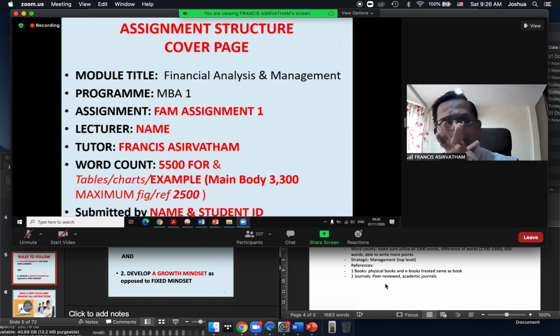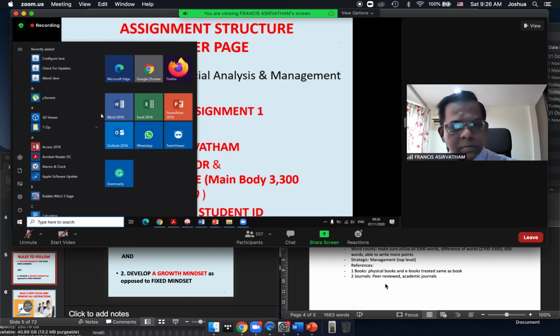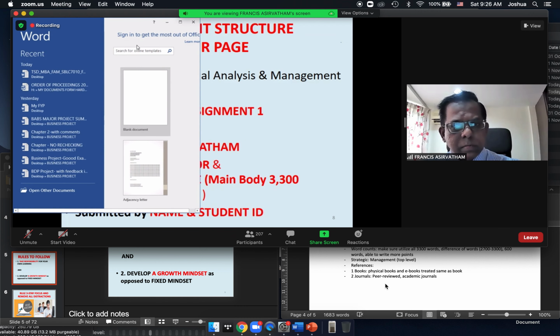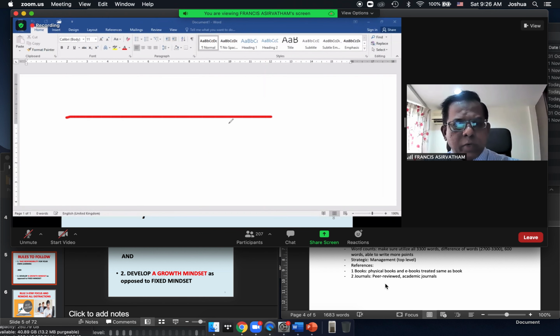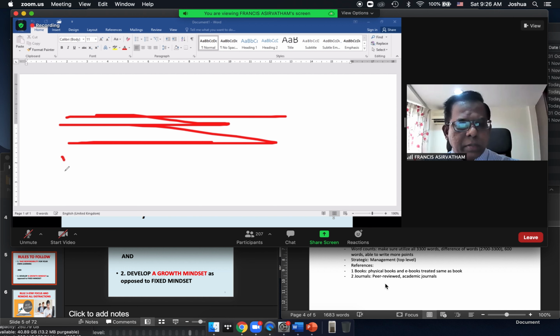But as MBA students, some of them are very creative. It was a girl, a very creative girl. So what she did, she wrote in words, then she took a picture of words written in another document and pasted it here with the same font.